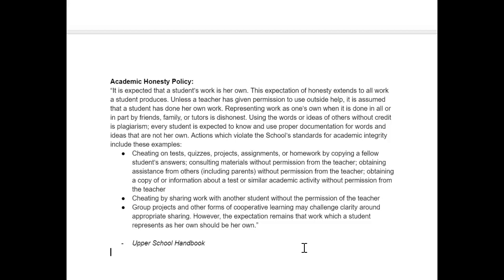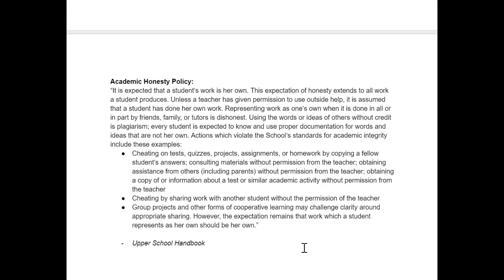If 2 students sit down with a single sheet of paper, work out something together, and then when they are finished, take that sheet of paper, throw it away, and each of them independently produce their own work, that's collaboration. If you are both handing in work that is all on one sheet of paper, or one student has made a direct copy of another student's work, that's cheating. And these things are very different.